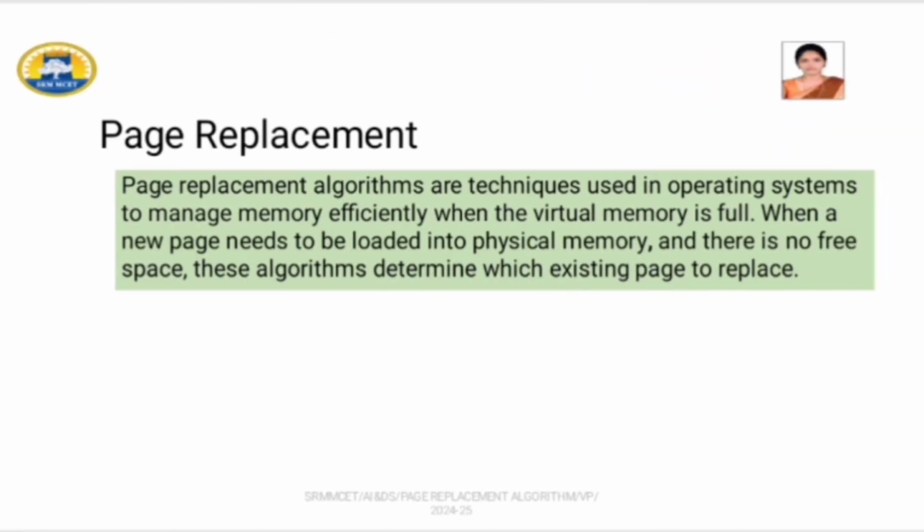Page replacement algorithms are techniques used in the operating system to manage memory efficiently when the virtual memory is full, when a page needs to be loaded into the physical memory and there is no free space. These algorithms determine which existing page is to be replaced.